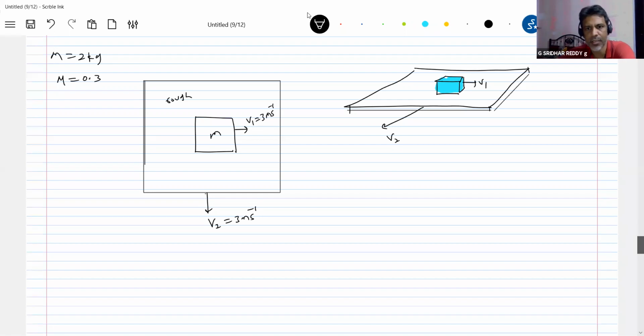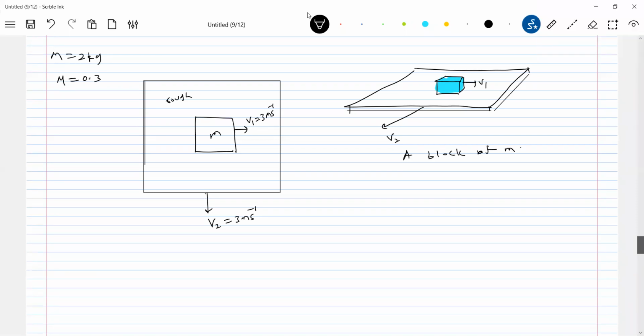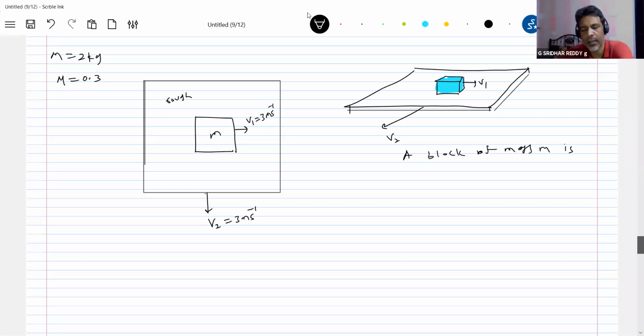I'll explain the question here. A block of mass m is kept on the platform.